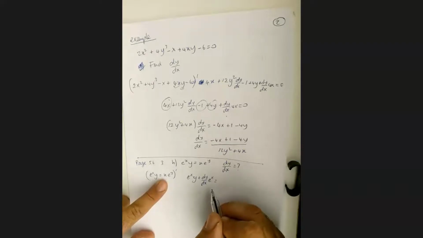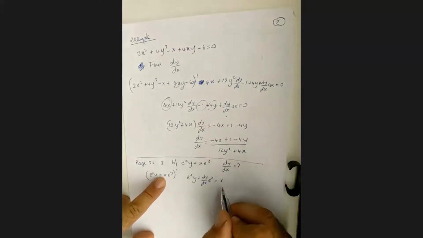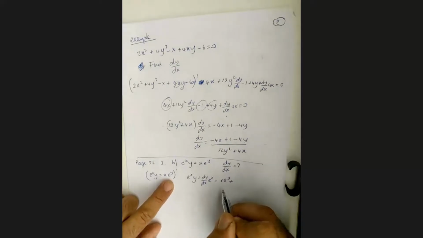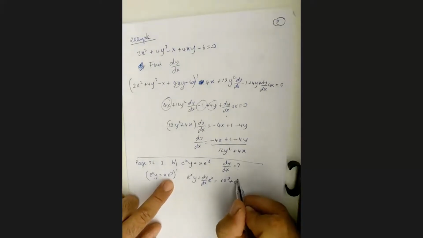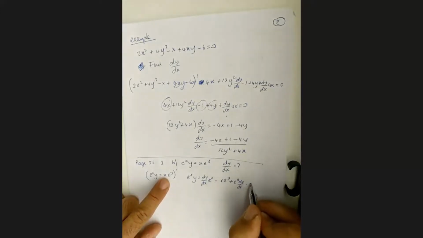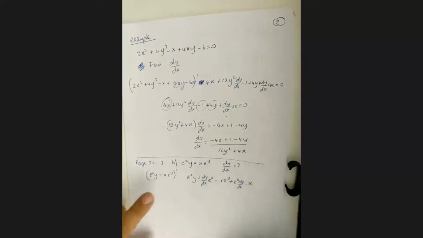Right-hand side part of the equal sign. We have another product there. So derivative of x is 1 times e to the power of y plus derivative of e to the power of y is e to the power of y dy over dx. Remember that one there. Times x.